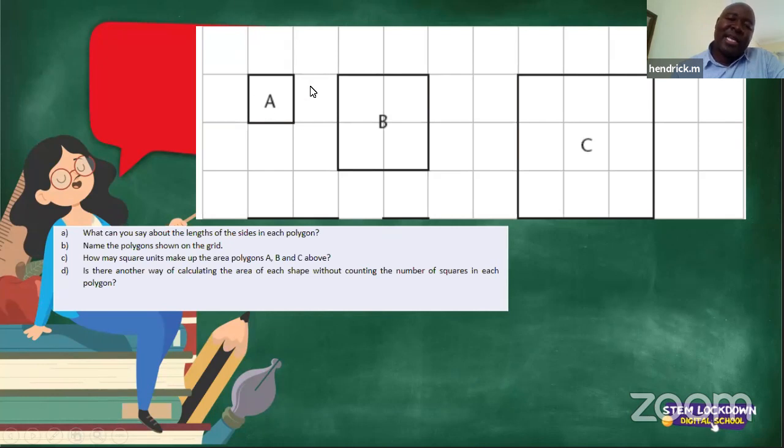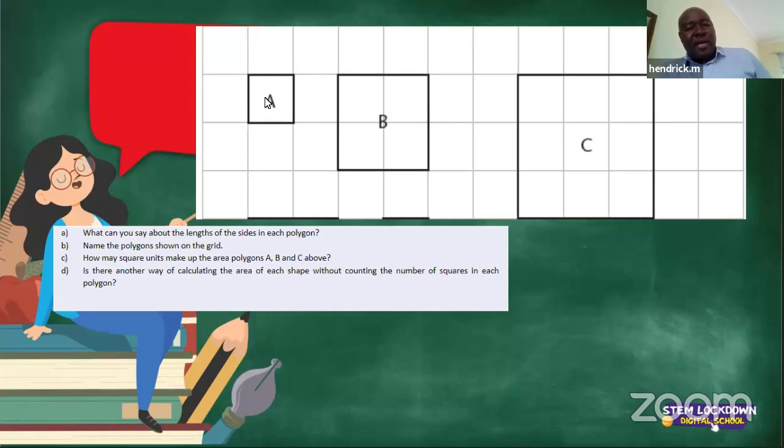So it will be the distance around the edge, which will give you 4 centimeters. But if you were to calculate the area of this square, then you will have 1 times 1, which is 1. So the area of the square A will be 1 square centimeter. I hope that we agree.